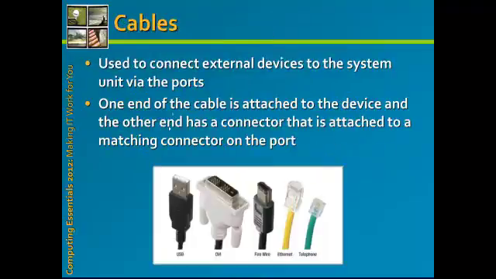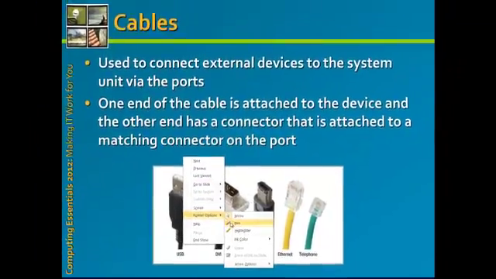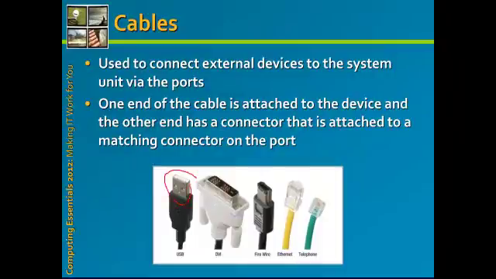Your different cables here. You have your USB. Let's see if I can get up in here. Alright, you have your USB here. You have your DVI. You have your FireWire. And remember, you have to be very careful about these because you can plug FireWire in wrong. You have your Ethernet port, as well as your telephone port.